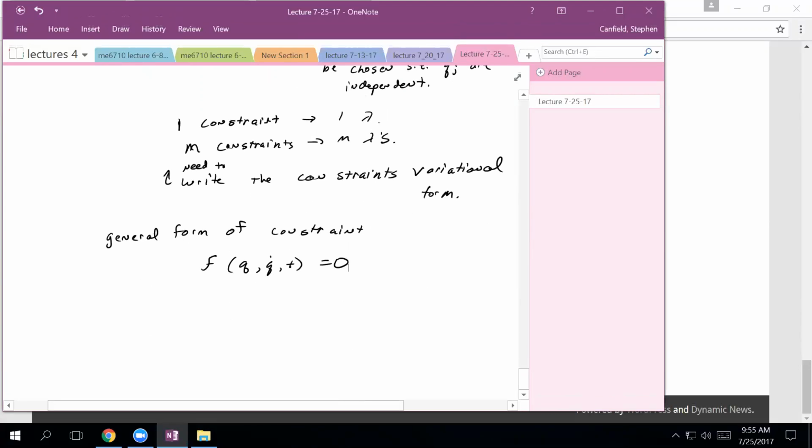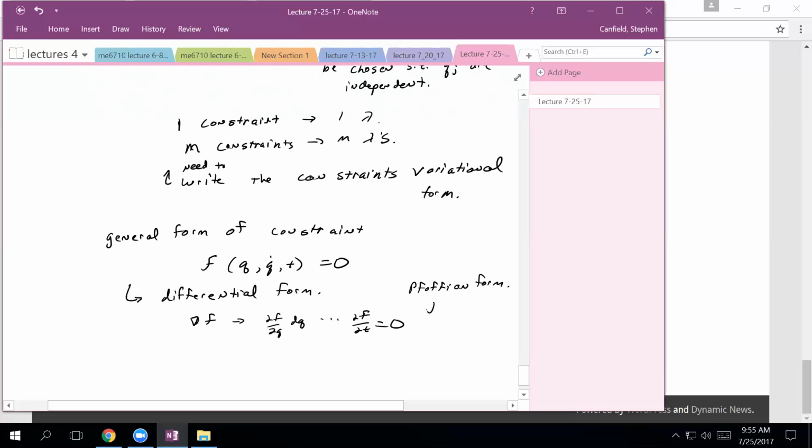The first thing we tend to do is write it in differential form. To write in differential form, we take basically the gradient of this f, which gives us the partial of f with respect to q's times dq, plus the partial of f with respect to t, equals 0. Sometimes this is called the Pfaffian form. It has time in it.